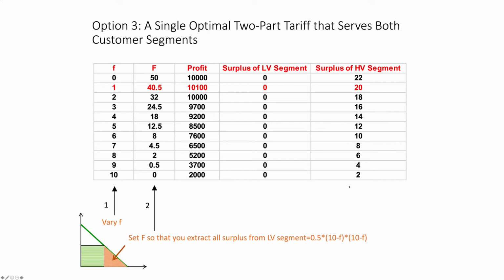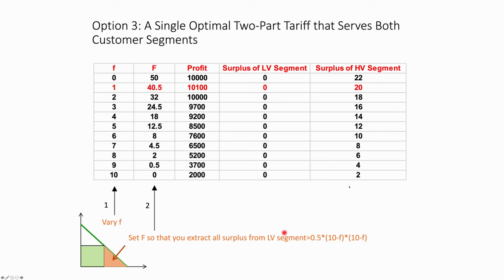Remember, when you charge a small f in this chart, you're going to have the surplus that the low-value segment is going to receive here. So we use a fixed fee to extract that whole triangle. The size of that triangle is half times 10 minus f, the width of the triangle, and 10 minus f, in this case, the height of the triangle.